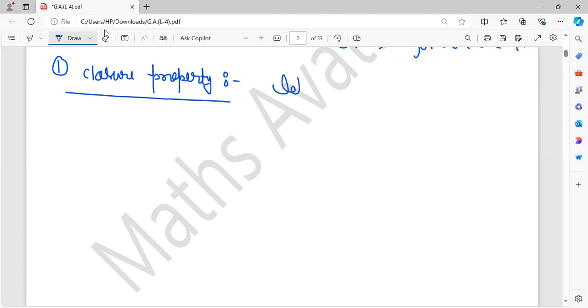Let f and g belong to A(G). So what is fg? We know that an automorphism is one-one and onto.